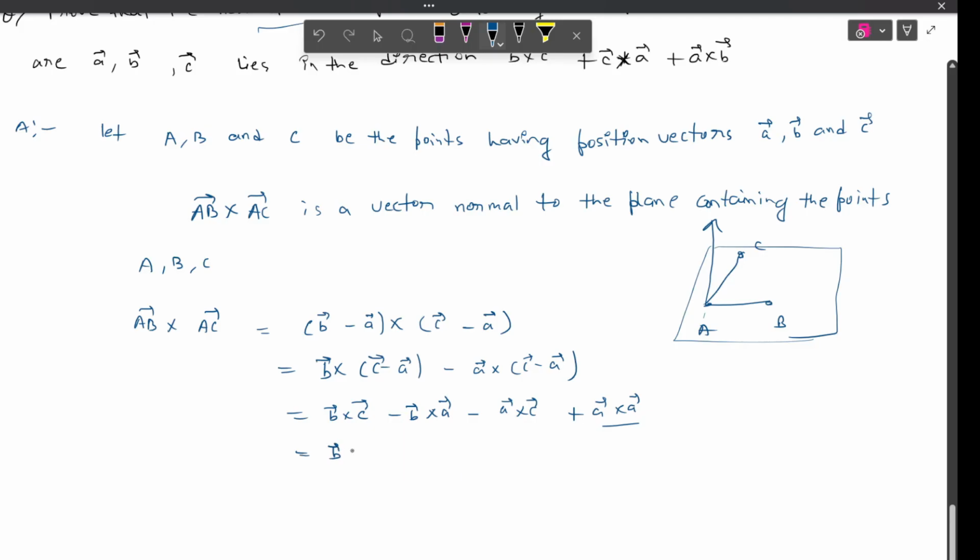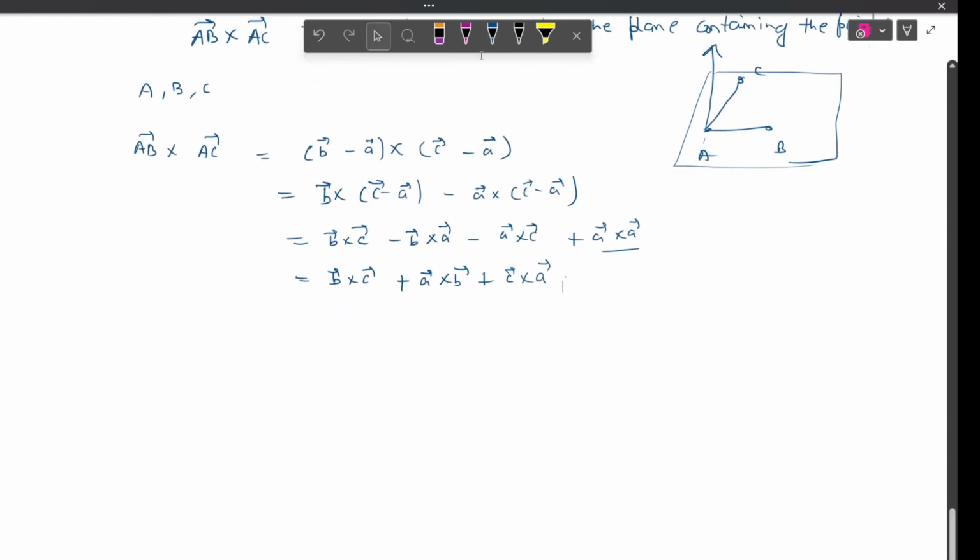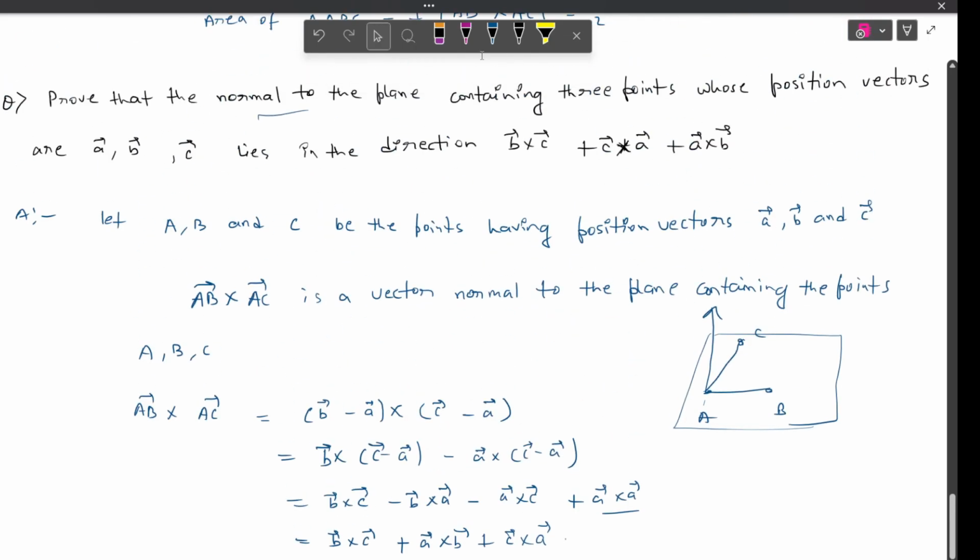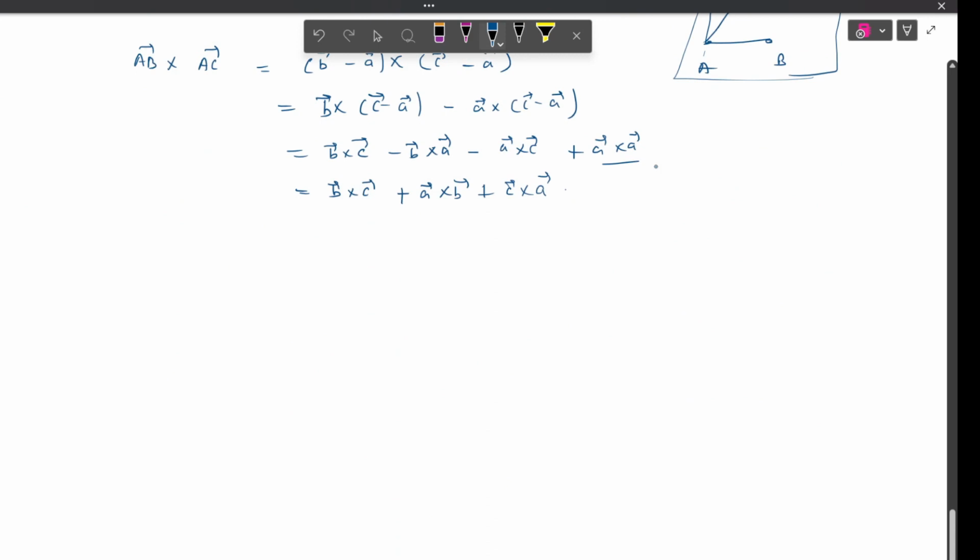So it would be B cross C, and we know that A cross B is minus B cross A, so we can write it as A cross B, and A cross C is minus C cross A, so we can write it as C cross A. Okay, now this is the value we have to find out: B cross C, C cross A, and A cross B. Okay, so it's a vector normal to the plane containing points A, B, C.